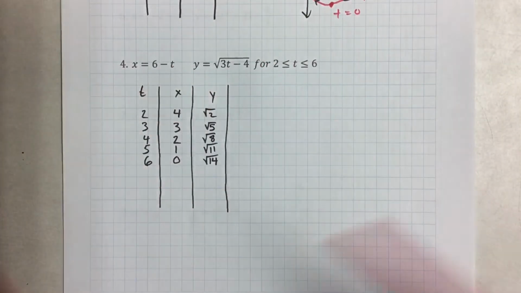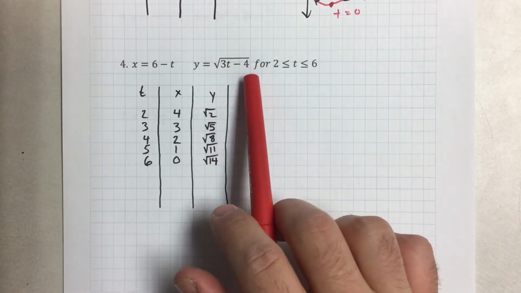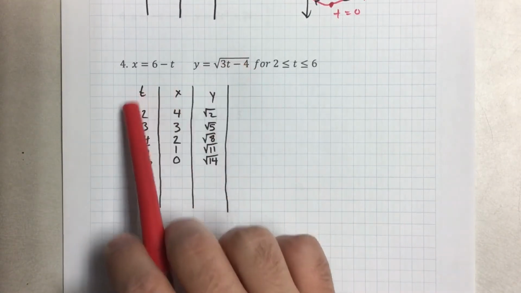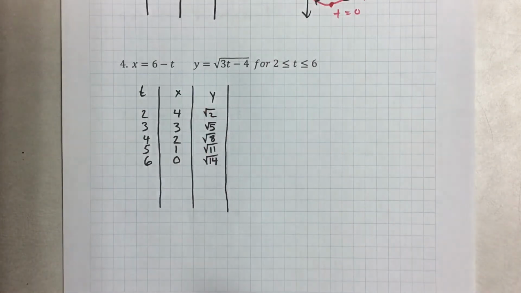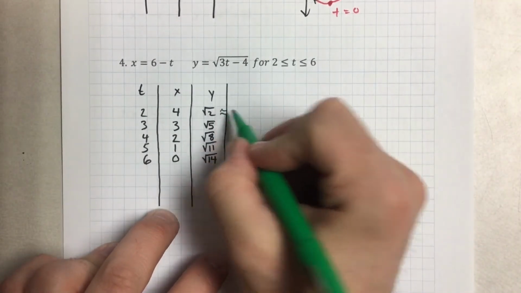Again, for the square root function, don't overthink it. Simply placing 2 in, 3 times 2 minus 4 is 2, so square root of 2. But the issue is we don't really know right from looking at this where the square root of 2 is. So we should find the approximations for each of these values. So I went ahead and did that for us.